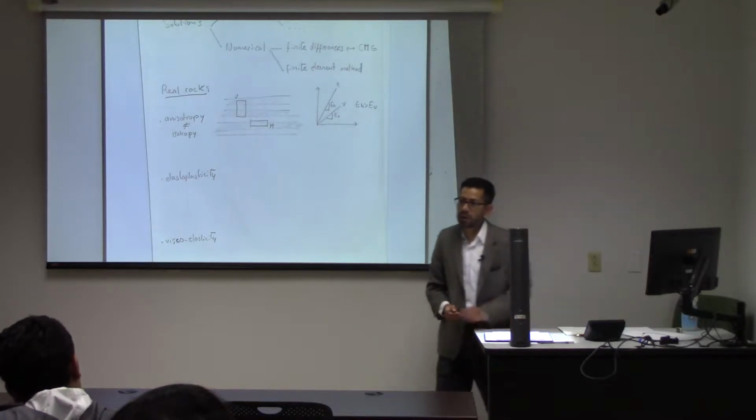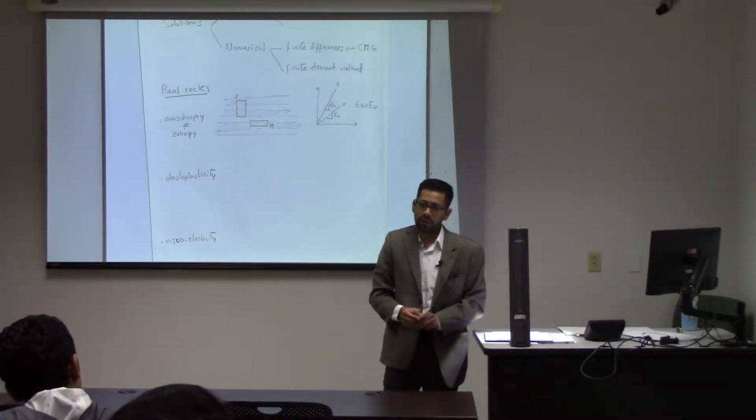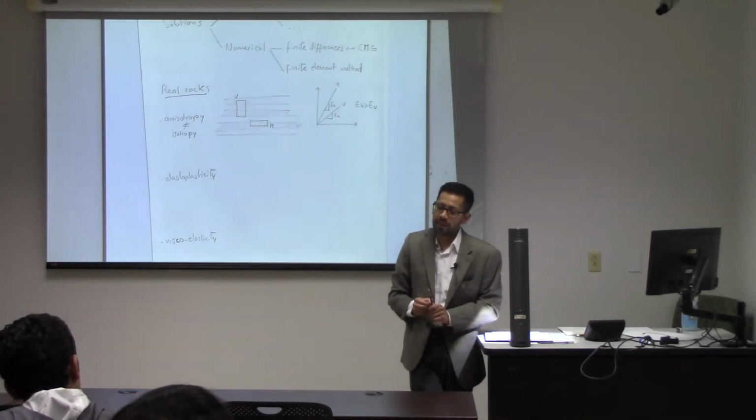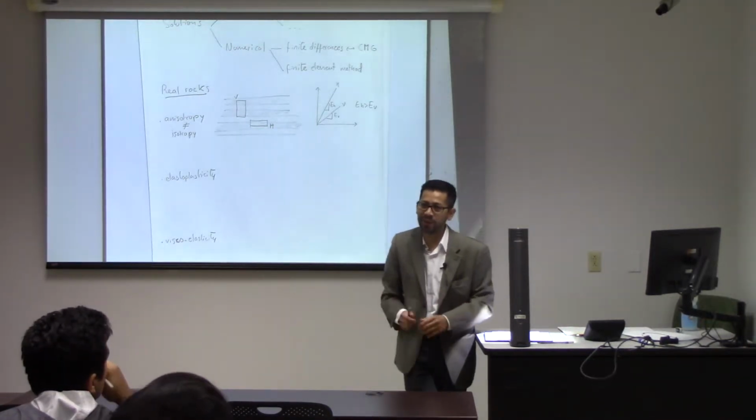A few days ago, a colleague of mine sent me a paper from a presentation at SPE, a talk with a title something like "Assuming isotropy in shales, a fatal assumption." So it was very, very strong, right?